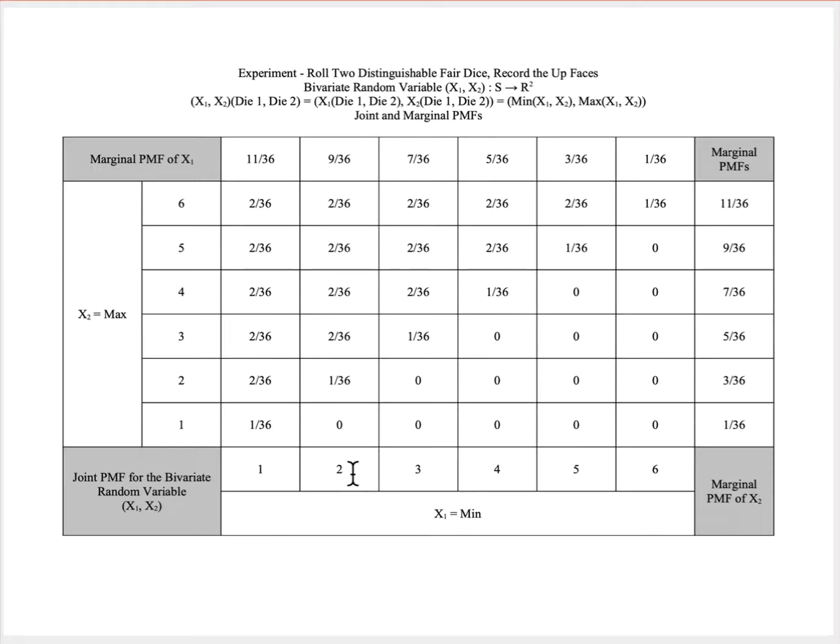The value taken on by the marginal PMF of x1 evaluated at 2 is 9 over 36, and so forth. Over here on the right-hand side, in this right-hand column, we have the values taken on by the marginal PMF of x2. The value taken on by the marginal PMF of x2 evaluated at 1 is 1 over 36. The value taken on by the marginal PMF of x2 at x2 equal to 2 is 3 over 36, and so forth.